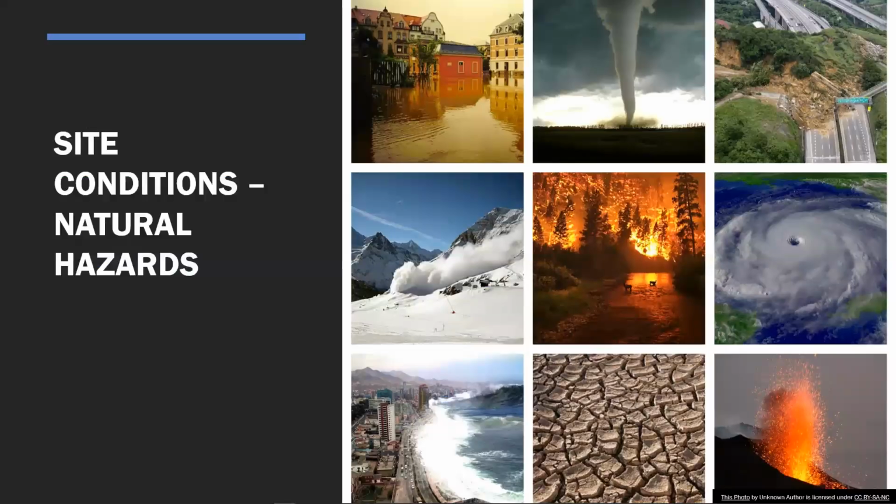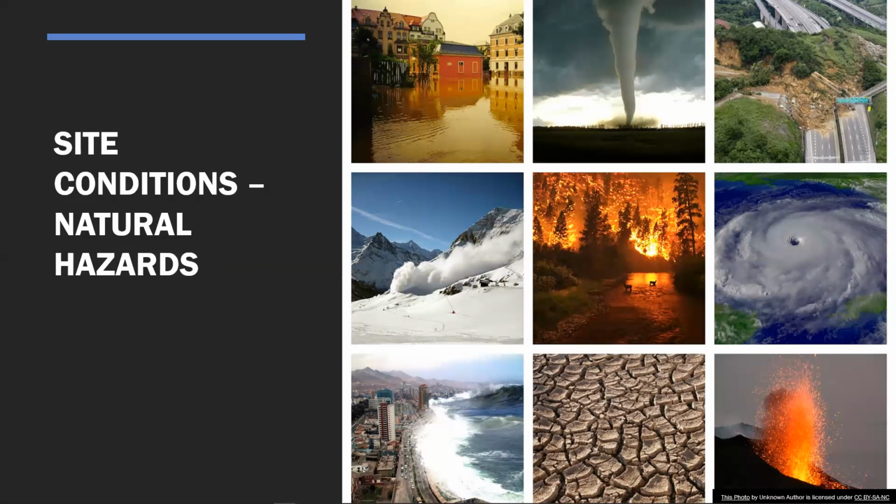Natural hazards are another thing to consider. Natural hazards encompass atmospheric, hydrologic, geologic, and wildfire or bushfire events that, because of their location, severity, and frequency, have the potential to adversely impact humans, their structures, or their activities.